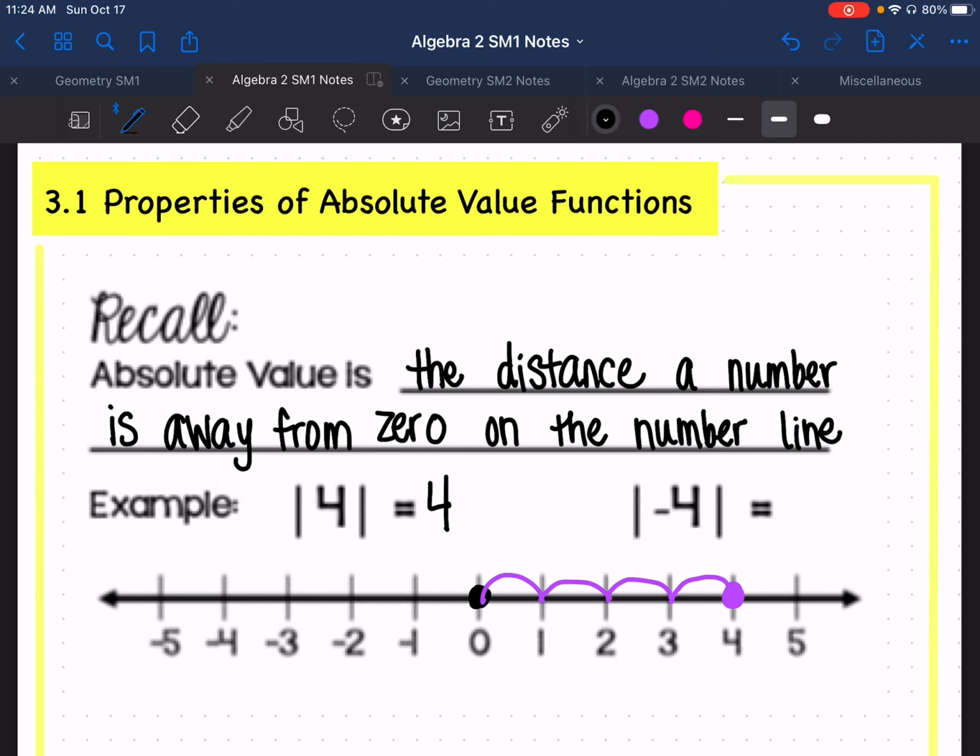Likewise, negative 4, which is right here, is also 1, 2, 3, 4 away from 0 as well.